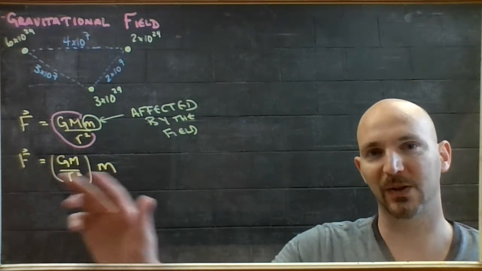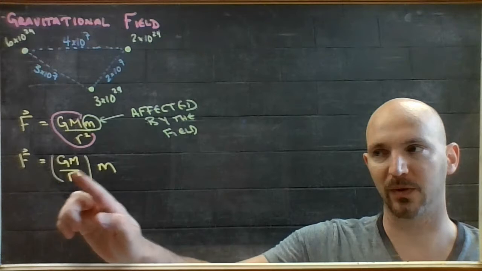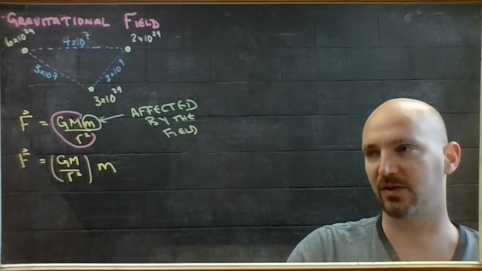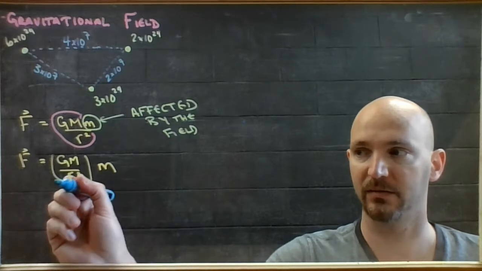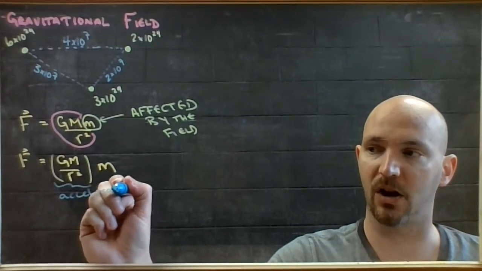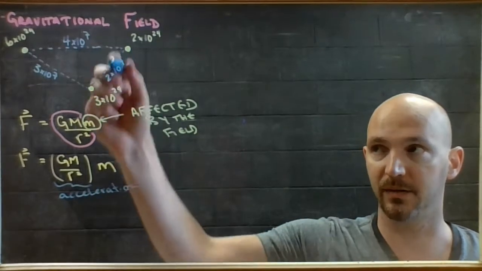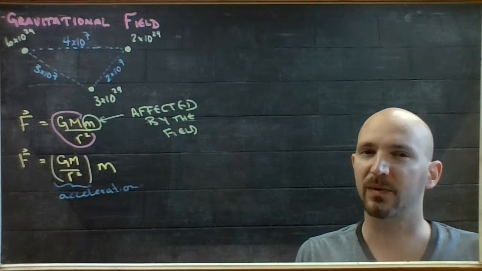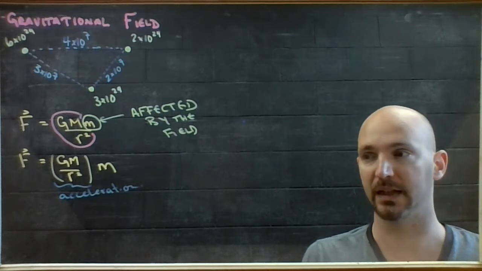Now this is starting to look a little familiar, right? F equals mass times something. Well, it looks like this is just acceleration. The acceleration caused by the net gravity of everything around there. So that's sort of what the definition of a force field is.